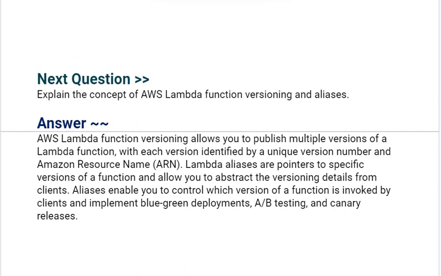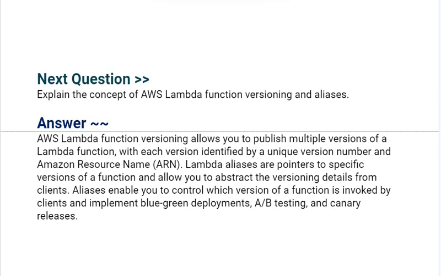Our next interview question is: explain the concept of AWS Lambda function versioning and aliases. Your answer should be AWS Lambda function versioning allows you to publish multiple versions of a Lambda function with each version identified by a unique version number and Amazon Resource Name (ARN).